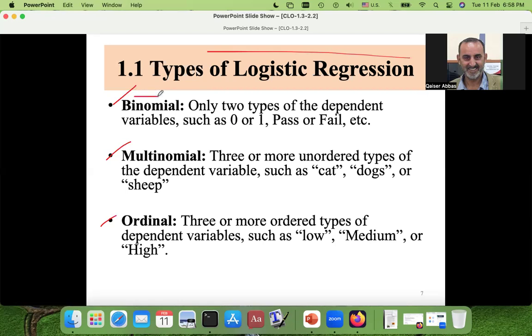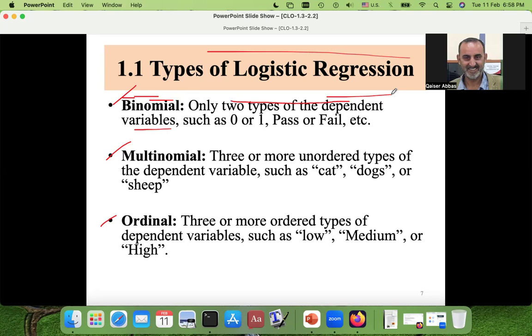Binomial means when you are going to predict binary classification, normally for nouns you can categorize. Bi means two, when you have two types of dependent variable. Dependent is normally the class that is predicted, and independent is your input variable.